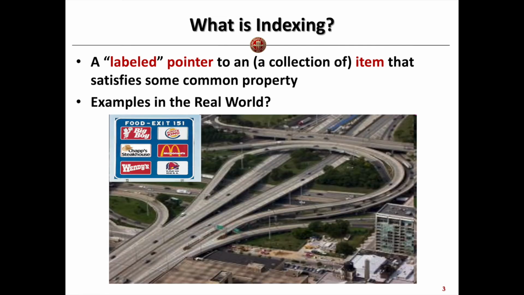Besides indexing tables in the textbooks, we can also find different index tables on the highway, right? So personally, I don't like driving. However, I have been driving for many years. Before, I studied in Chicago, and then I moved to Florida, and I had to drive a long way from Chicago to Florida. Generally, when I drive along the highway, when I was hungry, I had to look for some restaurant, right?